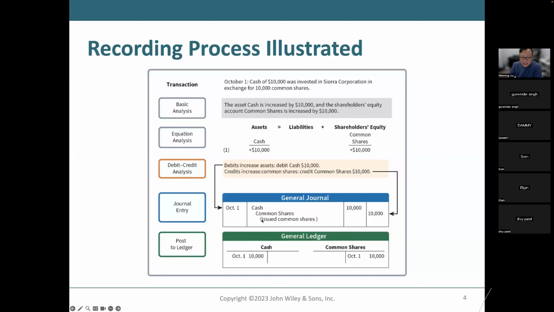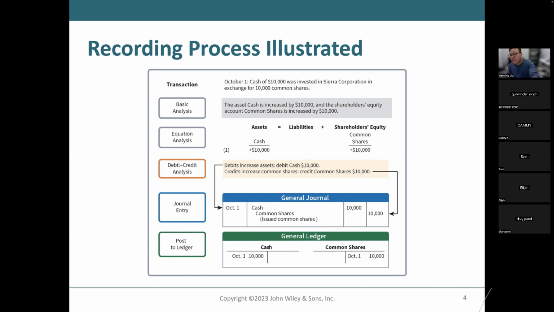And note that the way this is set up, the debit line, cash and 10,000, versus the credit line, common shares, they are indented a little bit, right? That's a way to show you better which is debit, which is credit, okay?